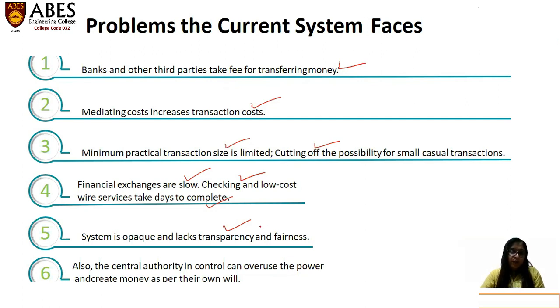So there is no transparency. Also, the central authority can overuse its power and create money in its own way, right? So these are the problems with the current system.